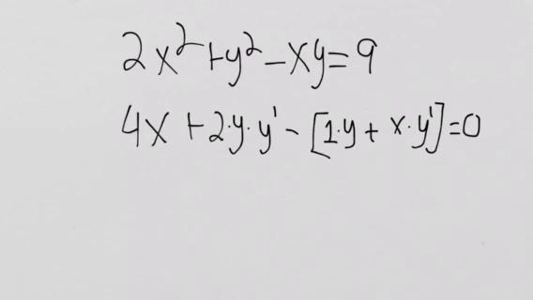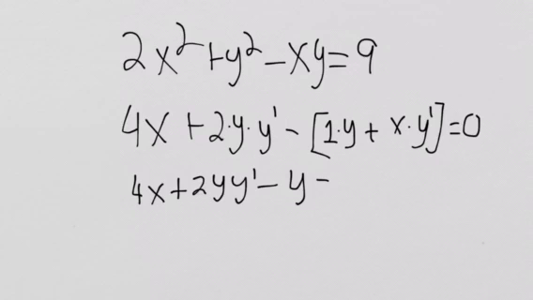And then that's equal to 0. So now we need to isolate y prime. So we have 4x plus 2y y prime minus y minus x y prime. All I did there was distribute my negative, and that's equal to 0.